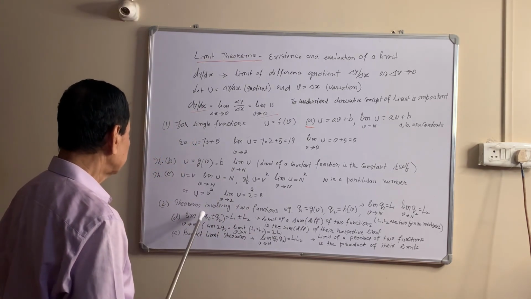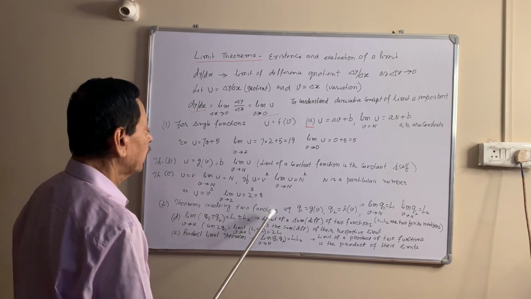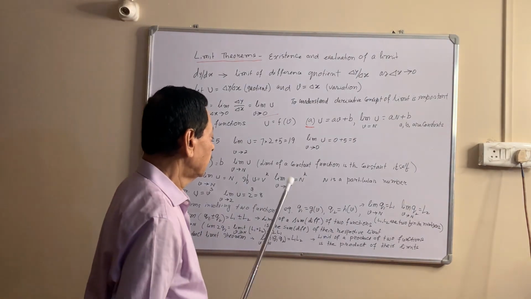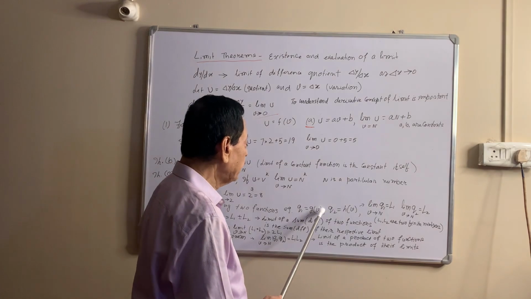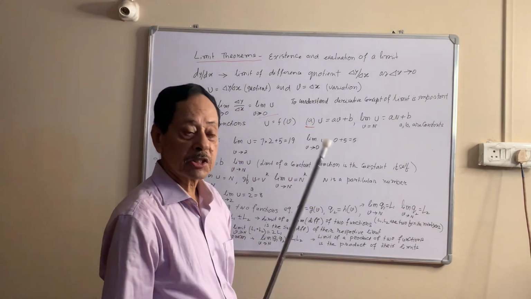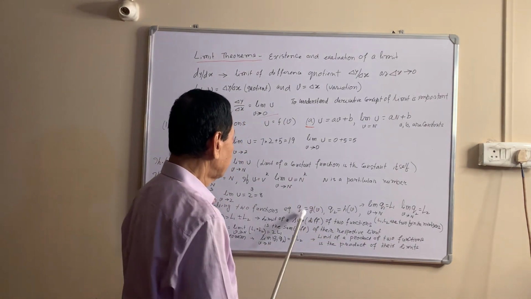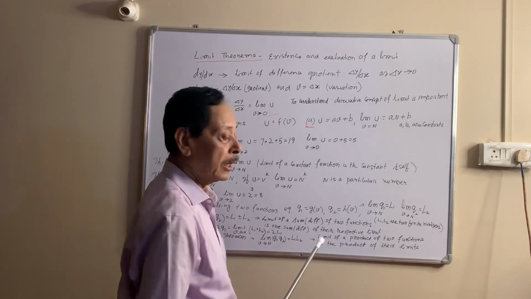Then the second set of theorems, theorems involving two functions. Suppose the independent variable is the same, but the dependent variables are different. That is to say the domains are the same, but the dependent variables are different.